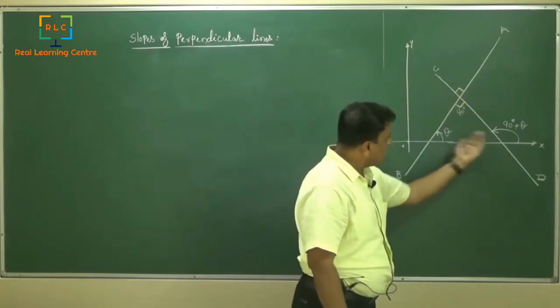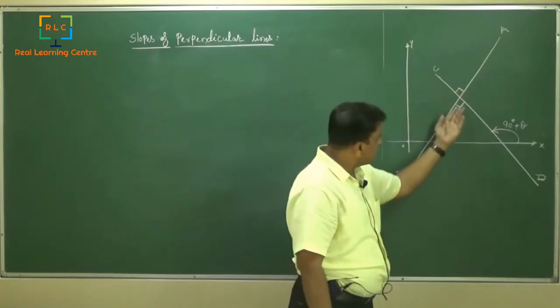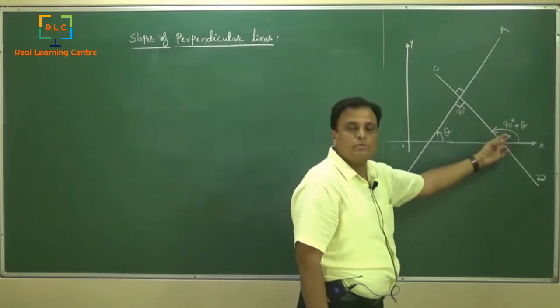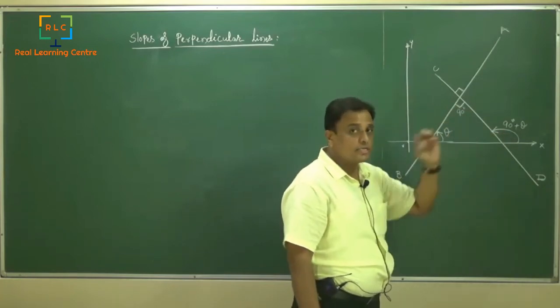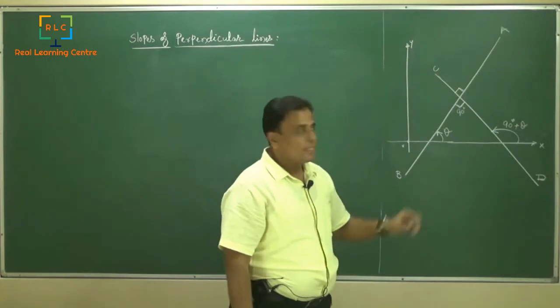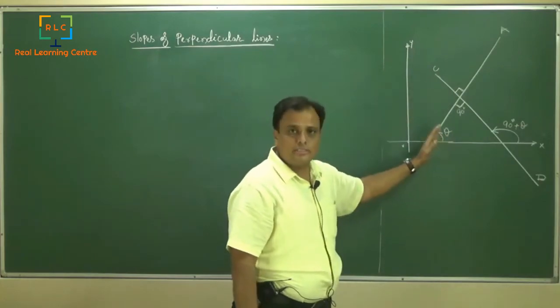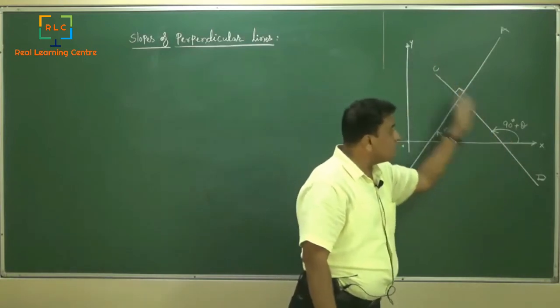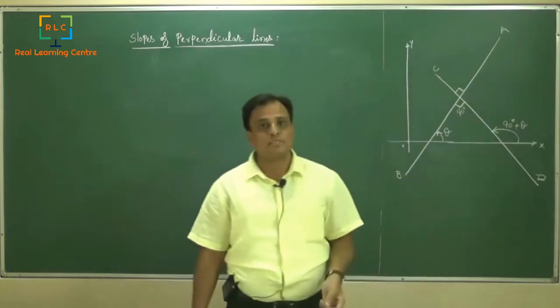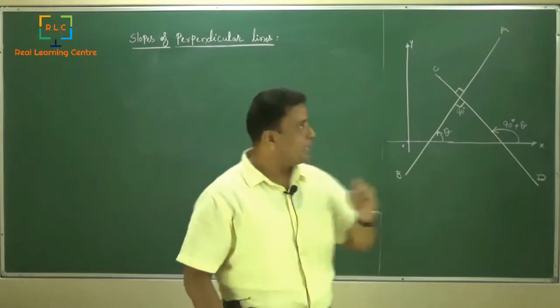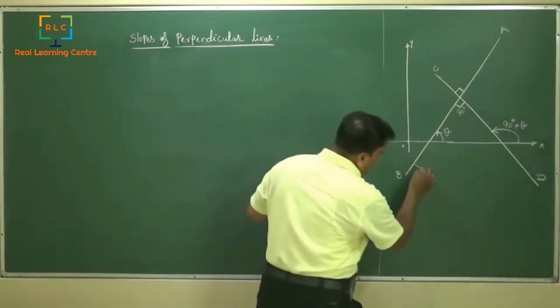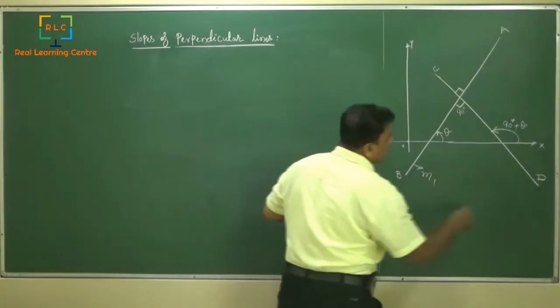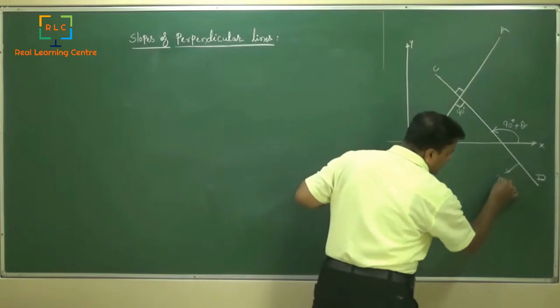Then, as in any triangle, the sum of the two interior angles is always equal to the exterior angle. If the inclination of AB is theta, then the inclination of the line CD will automatically be 90 degrees plus theta. First, assume that the slope of AB is M1 and the slope of CD is M2.